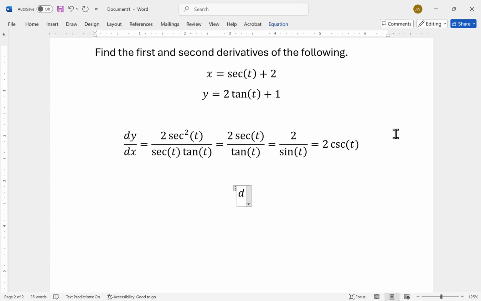When I do a second derivative of y with respect to x, I am going to do the same thing that we always have done. Derivative of x with respect to t on bottom, and then I'm going to take the derivative with respect to t of the first derivative piece, which is 2 times the cosecant of t.